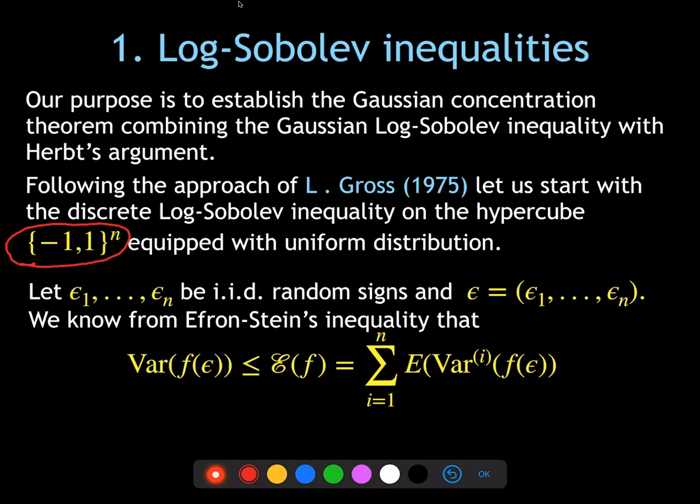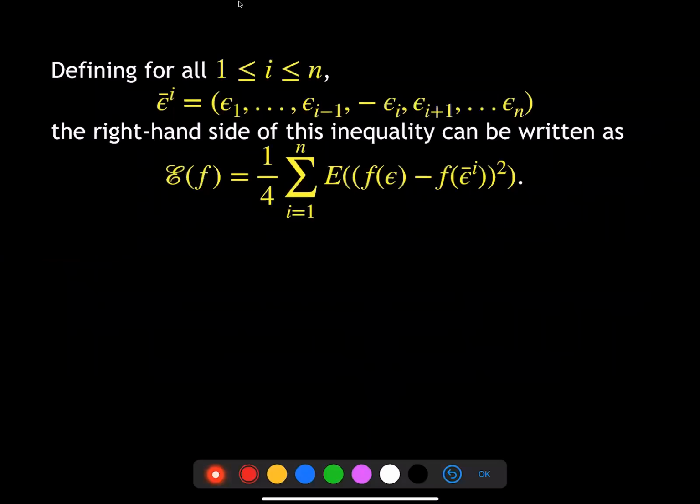We know from Efron-Stein's inequality that if we look at some function on this hypercube, the variance of this function is less than some energy type quantity, which is simply the sum of the expectations of the conditional variances. Now we define the vector epsilon bar I as the vector that you produce from the original vector by flipping the I coordinate, that is, changing its sign to the opposite sign.